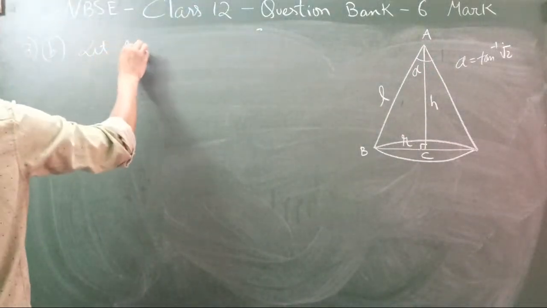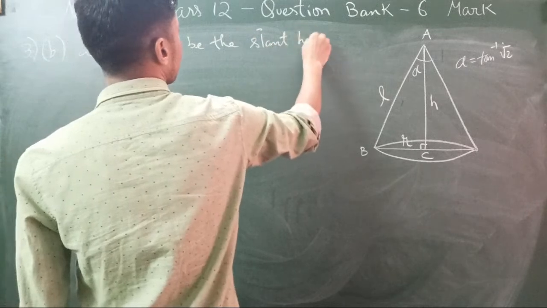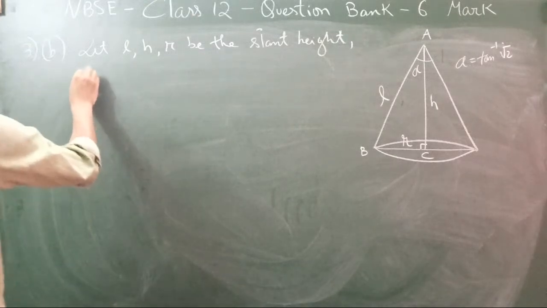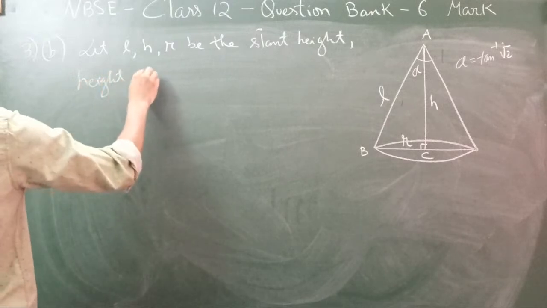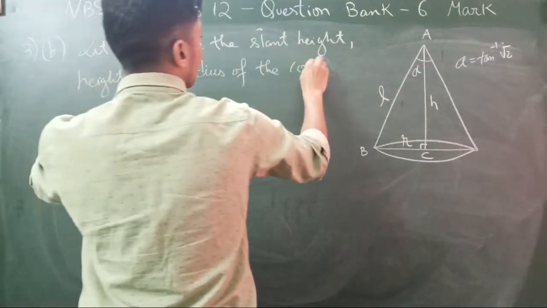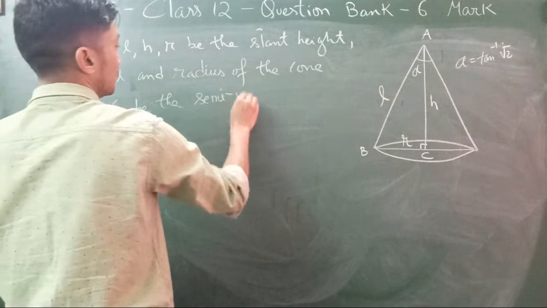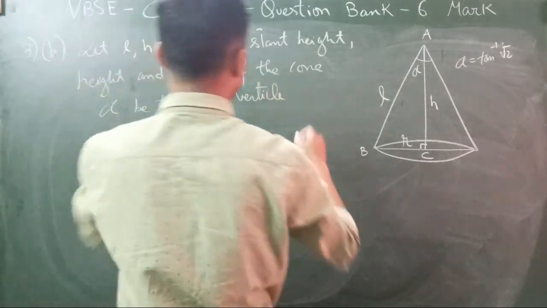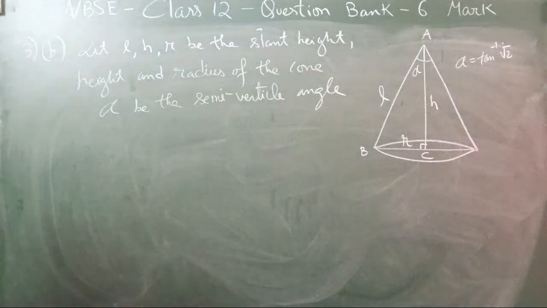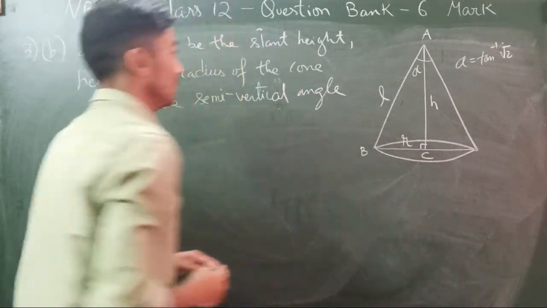Alright, so let L, H, R be the slant height, altitude, and radius of the cone, and let alpha be the semi-vertical angle.